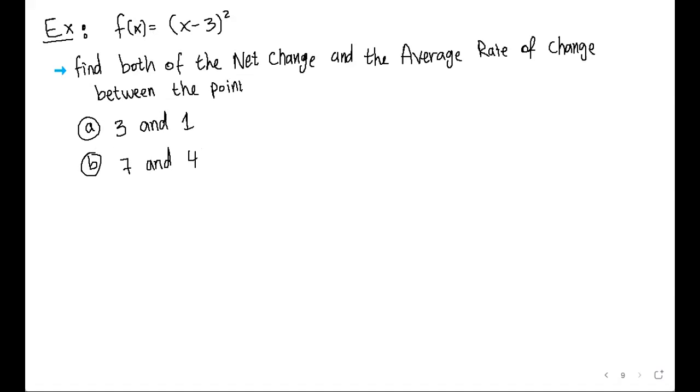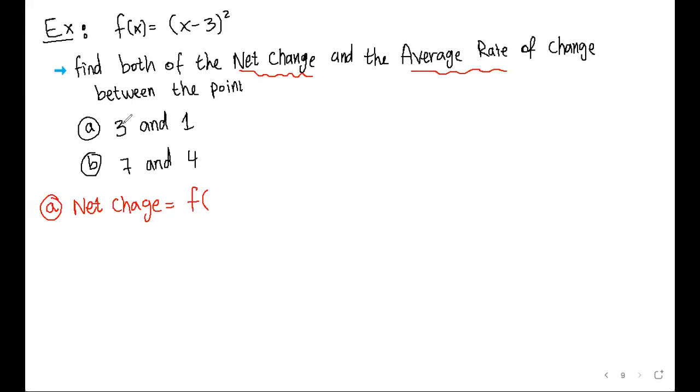Who will do the first one? I need the net change, and I need the average rate. May I try? Yes. So first we do it for x minus 3 squared. Angel, what's the formula for net change? f of x2 minus f of x1.